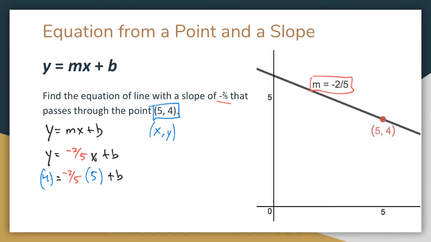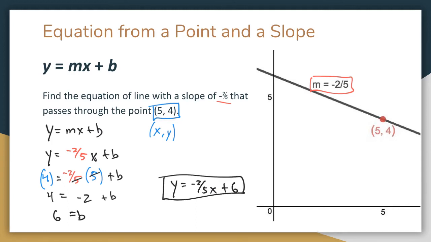Now it's just solving this equation for b. You multiply the 5 times negative 2/5, which is going to be negative 2, because those 5's cancel each other out. So you have 4 = negative 2 + b, which means that b is equal to 6. And our equation for this line is y = negative 2/5 x + 6.